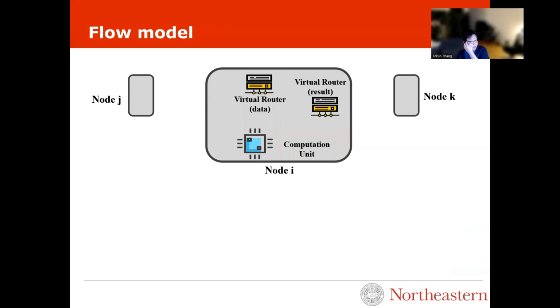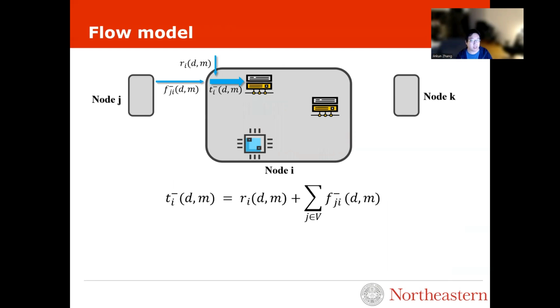Now let's have a closer view. Here we have a node i and two neighbors j and k. We assume that within node i there are two virtual routers, one for the data flow and one for the result flow, and there is also a computation unit. First, the total data flow rate t_i minus is the sum of the input r and all the ingoing f minus, and this t_i minus is put into the data router.